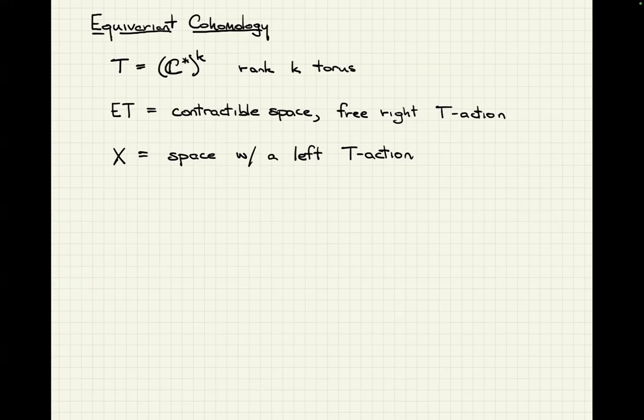These constructions are often quite painful, but as is so often the case in algebraic topology, you do the construction once and you can forget about it for most purposes later on. And really the object of interest is going to be X. X is going to be a space that carries a left T action.